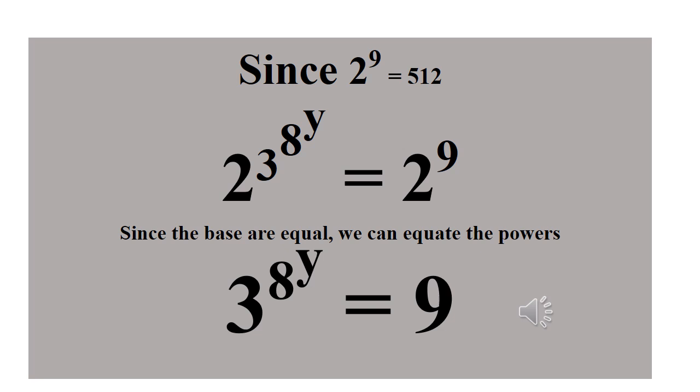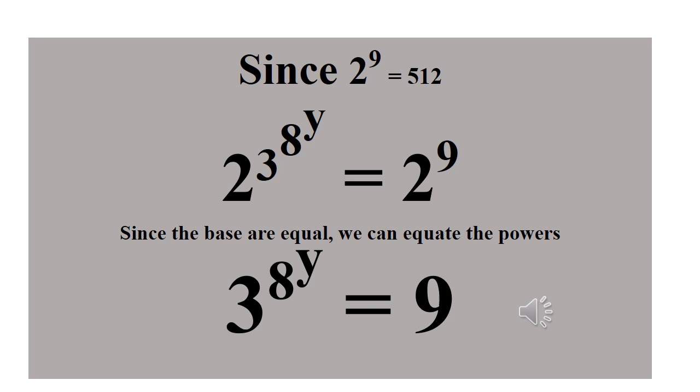What we have here is, since 2 raised to power 9 is equivalent to 512, that is 2 in 9 places is 512, then we can plug in 2 raised to power 9 to replace 512. So we have 2 raised to power 3 raised to power 8 raised to power y equals 2 raised to power 9.